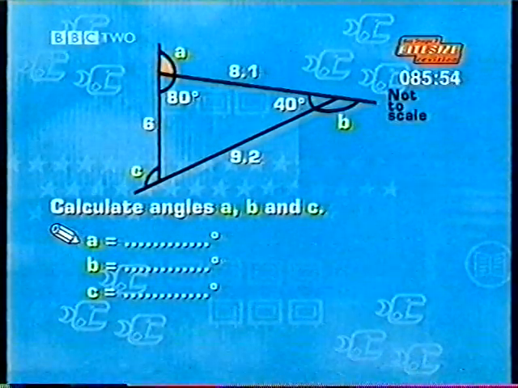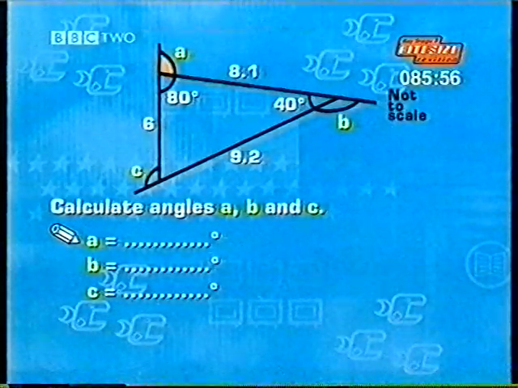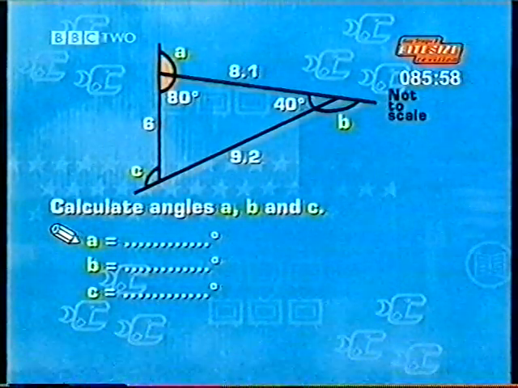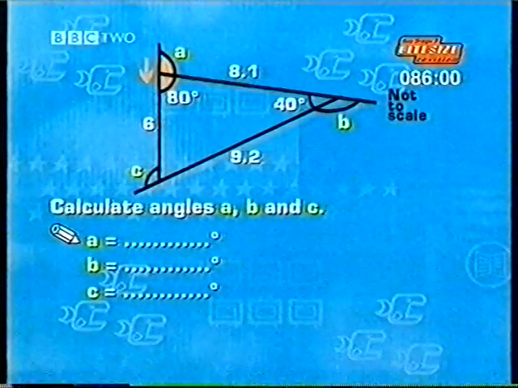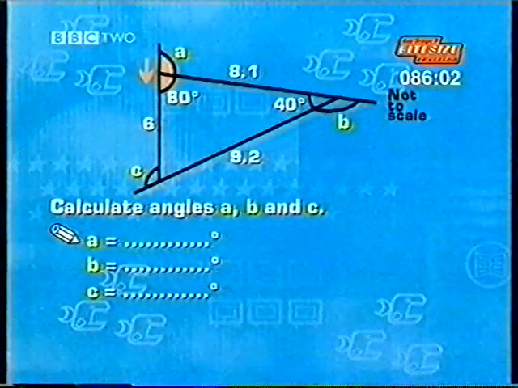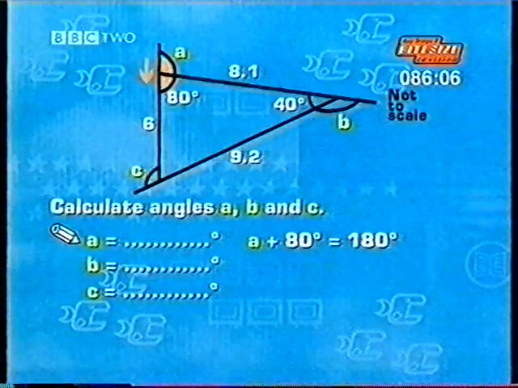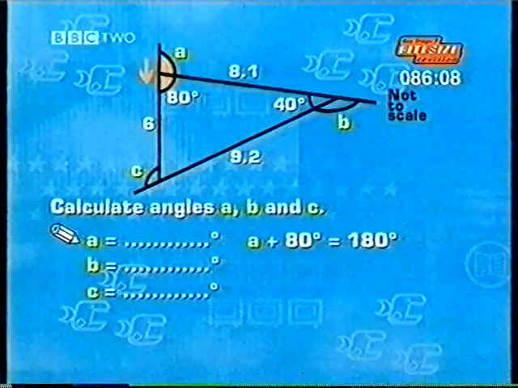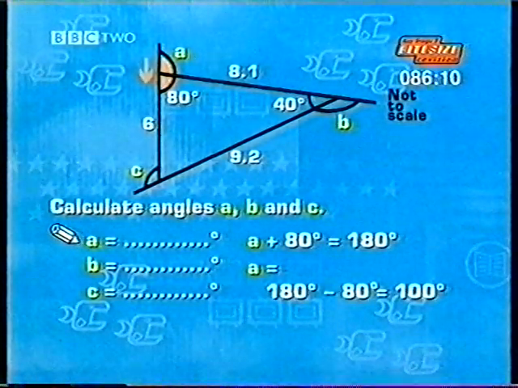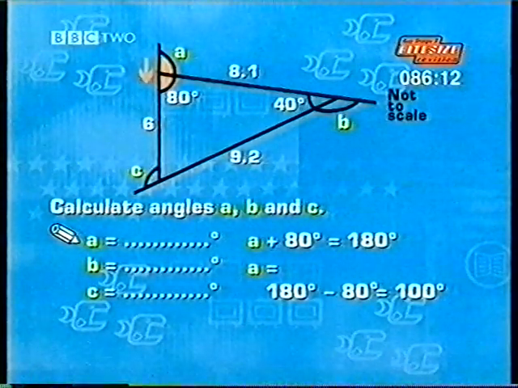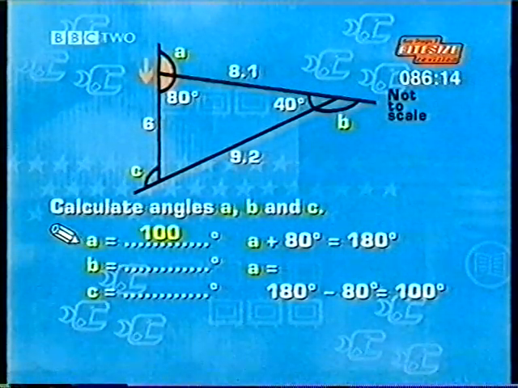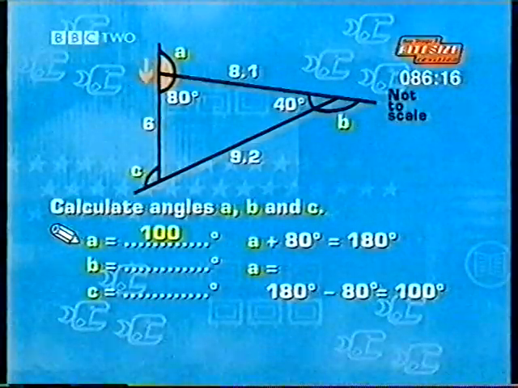Now look at angle A. There is an angle next to it that lies on the same straight line as A, and that angle is 80 degrees. That means that angle A and the 80 degrees add up to 180 degrees. So A equals 180 degrees minus this 80 degrees, so that's 100 degrees.